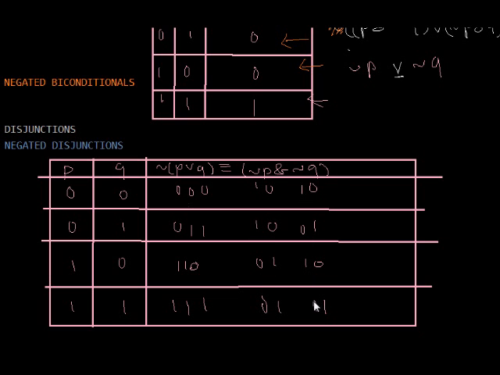And then we can see not P and not Q is true here, and it is false here. Oh, sorry, I wrote a 0 instead of 1. True here, false here, and false here. Finally, we'll negate this whole thing, and we'll see that it is true here, false here, false here, false here. And finally, we will see that this is true.